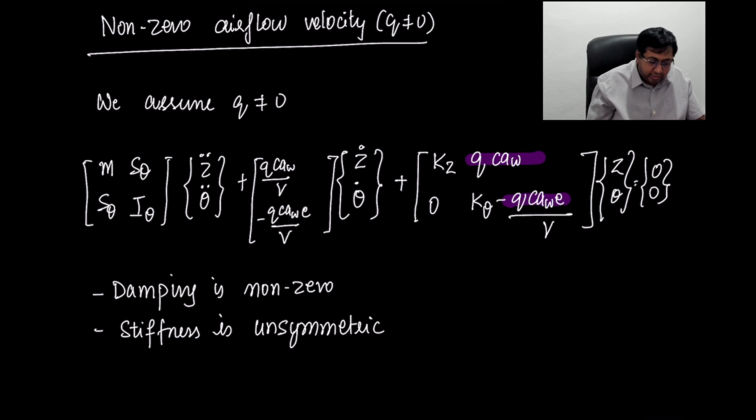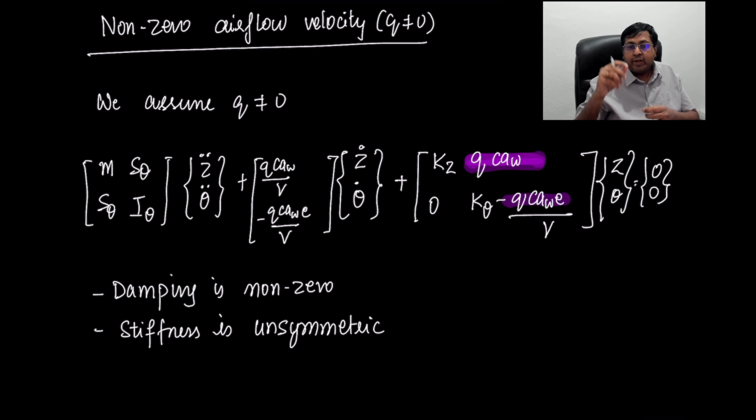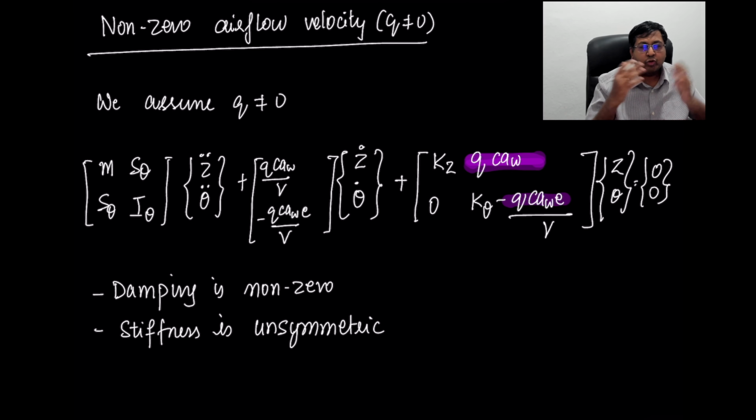Further, because of the existence of this term, we can see that there's a coupling between the heaving and the pitching motion. So if the pitching motion happens, then that also affects the heaving motion in a way, right? So there's a coupling introduced in the stiffness. Previously, we only had the coupling in the inertia or the mass matrix, but now we also have this coupling in the stiffness matrix.